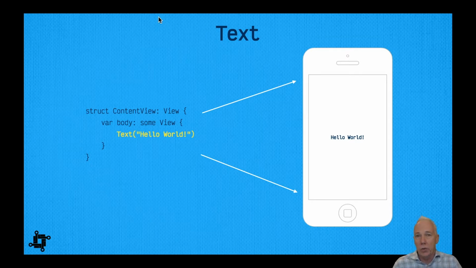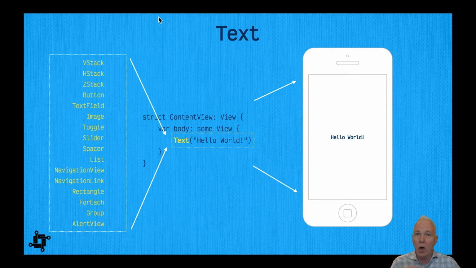But everything that goes on your iPhone that you see is going to be a view of some type. So in this case, we're talking about a text view. So the way we do that is we invoke this thing called text, and then in parentheses, we can put a string, and whatever string we put in there is actually what's going to show up on our iPhone here.